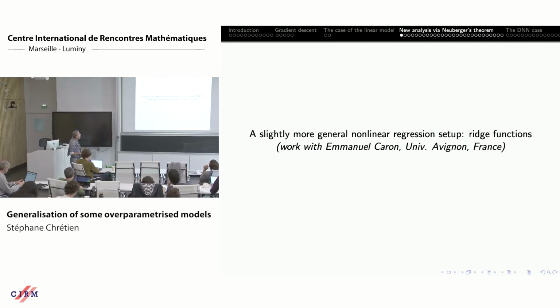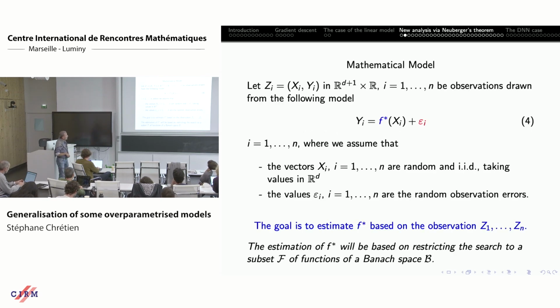So I will try to advertise another approach which I developed with Emmanuel Caron from the University of Avignon, which aims at attacking the problem in a different way, and which can be useful in nonlinear setups. So the mathematical model is this.